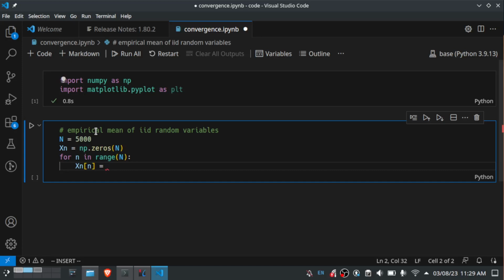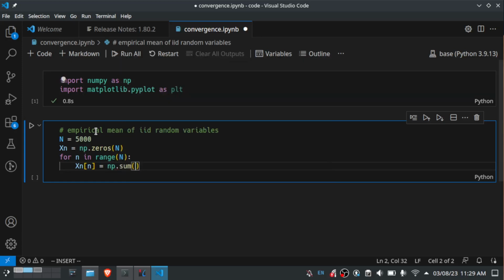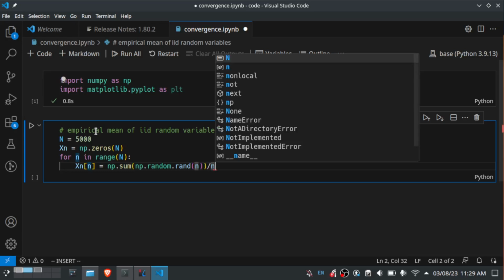This is going to be an average of n IID random variables, each uniformly distributed between 0 and 1. I generate little n many random variables, I take the sum of those, and then I divide by n.